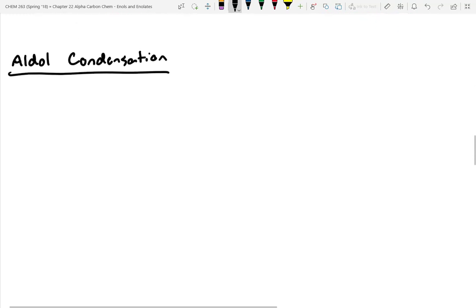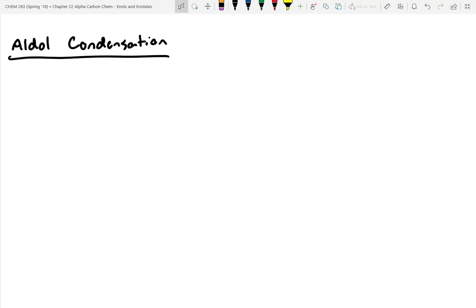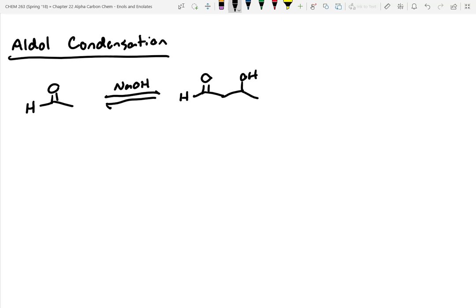The aldol condensation is a derivative of this. So, for example, we saw previously that you could take sodium hydroxide and water and couple two aldehydes together to make your beta hydroxyaldehyde.